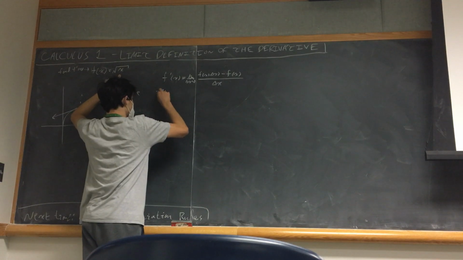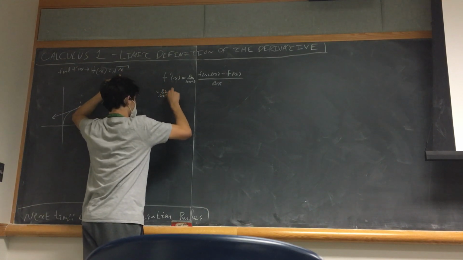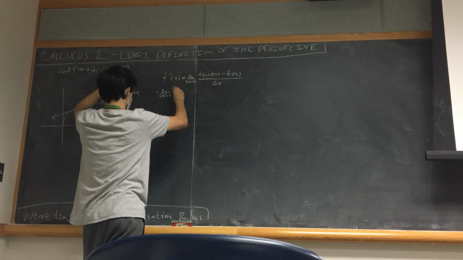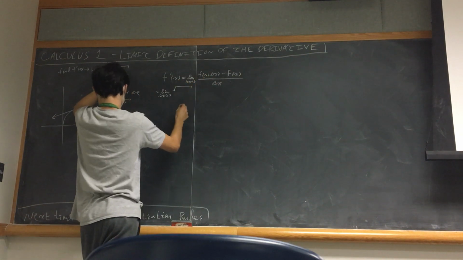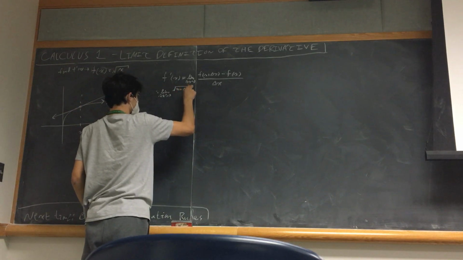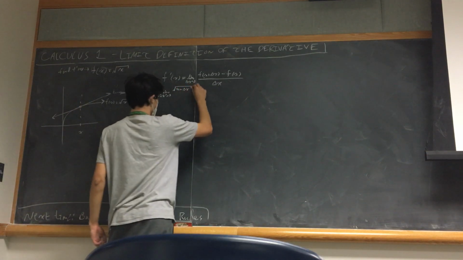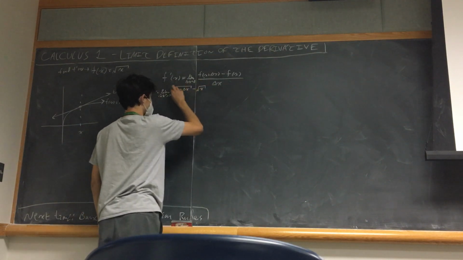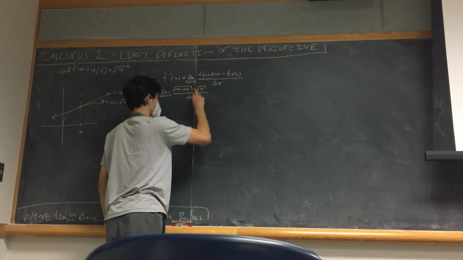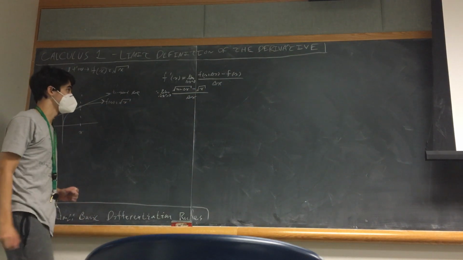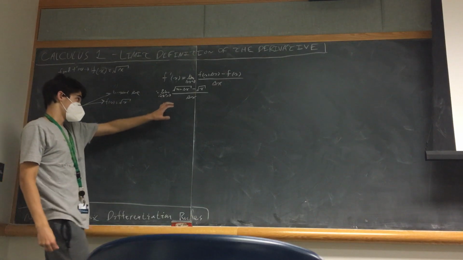So f of x plus delta x will be the square root of x plus delta x, minus f of x, which is just square root of x, divided by delta x. Last time when I was talking about limits, I talked about rationalizing.